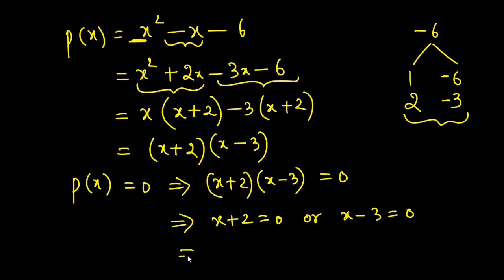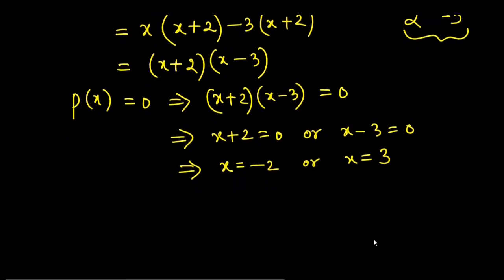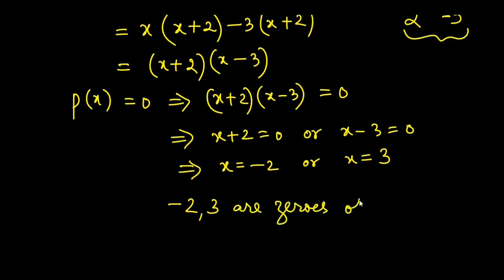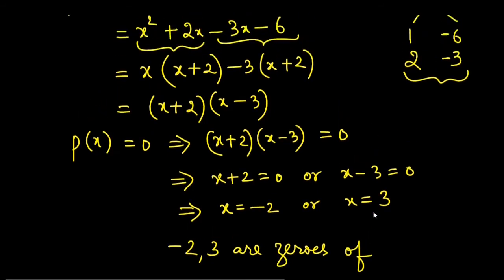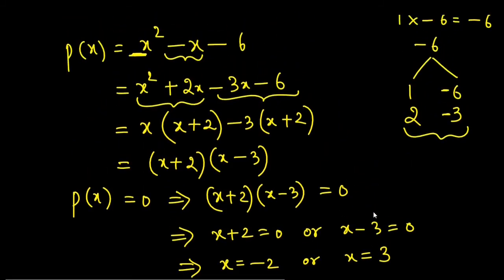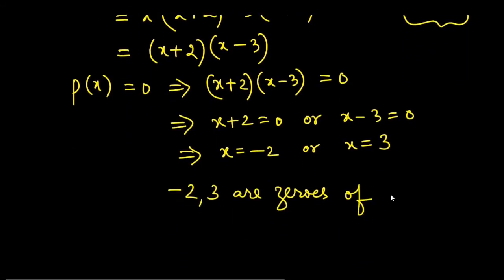So this gives x is equal to minus 2 or x is equal to 3. So minus 2 and 3 are zeros of the polynomial x square minus x minus 6.